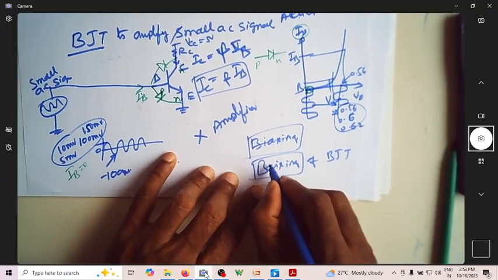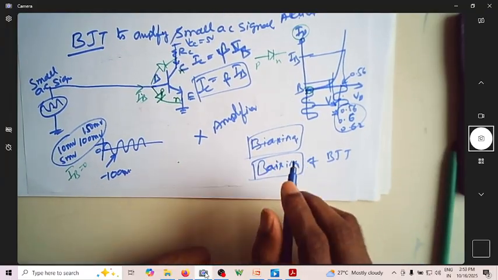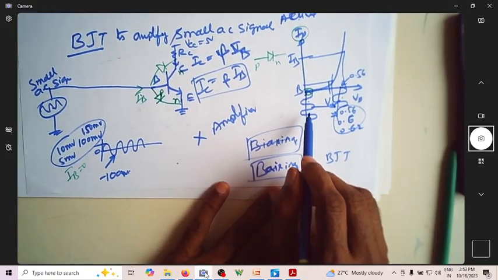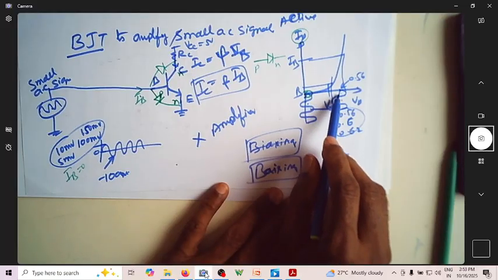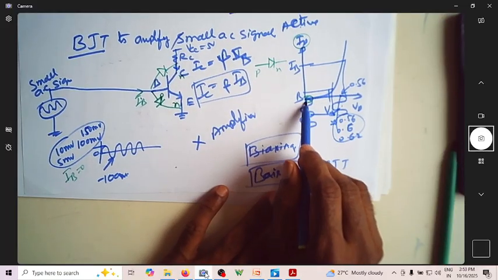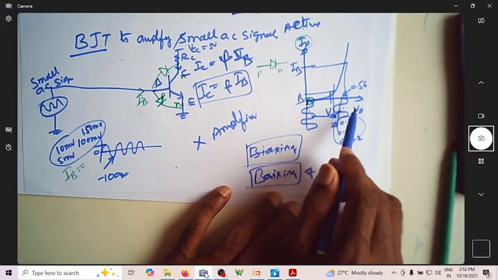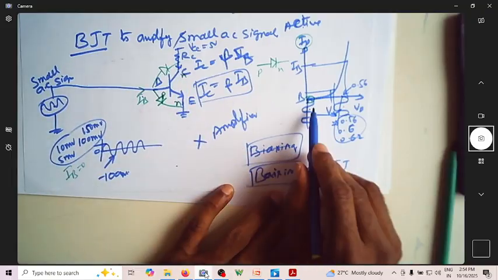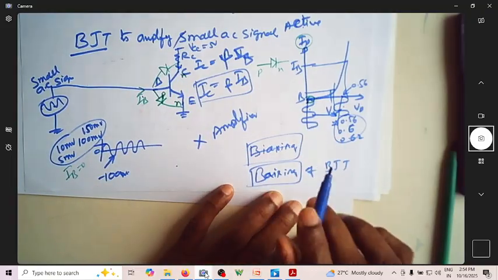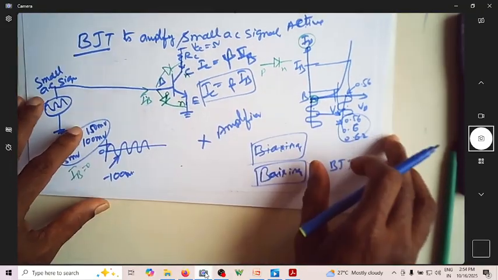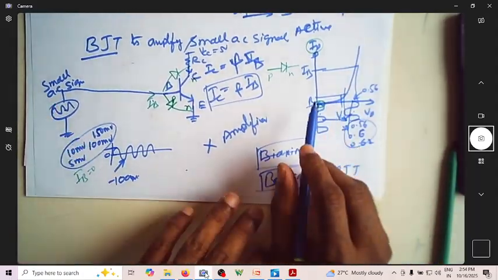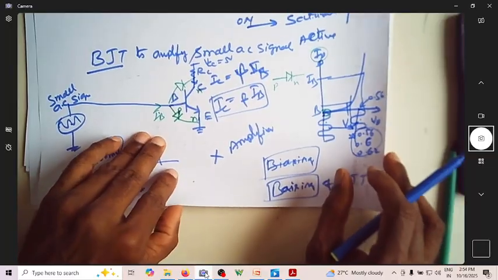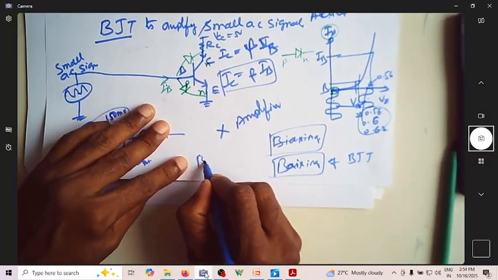The purpose of biasing is to make my input voltage sufficiently DC shifted so that there can be some appreciable change in the current that is going to flow as the input voltage changes. So that is the purpose. Now, how do we achieve this movement from this to this? That can be achieved using a biasing circuit.